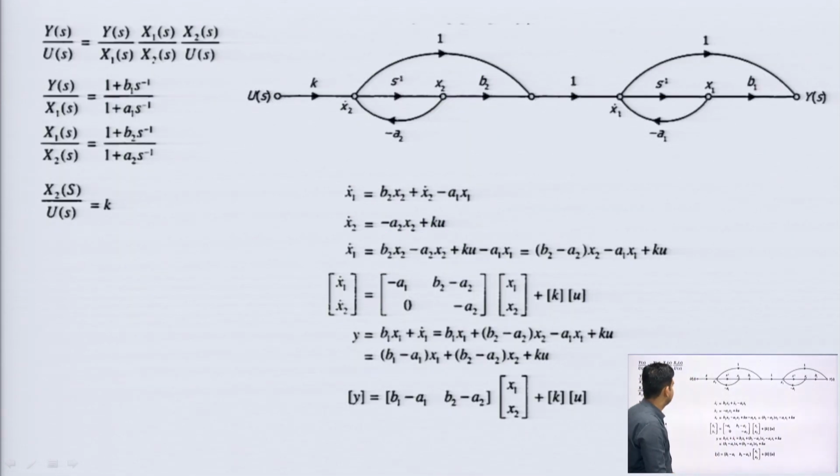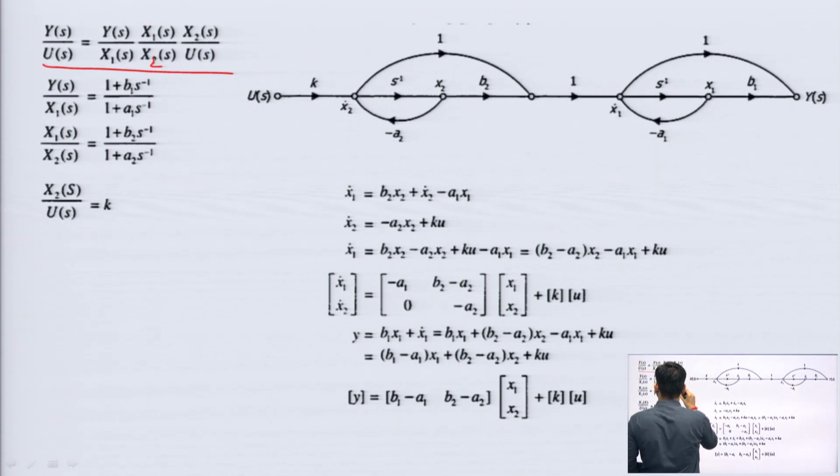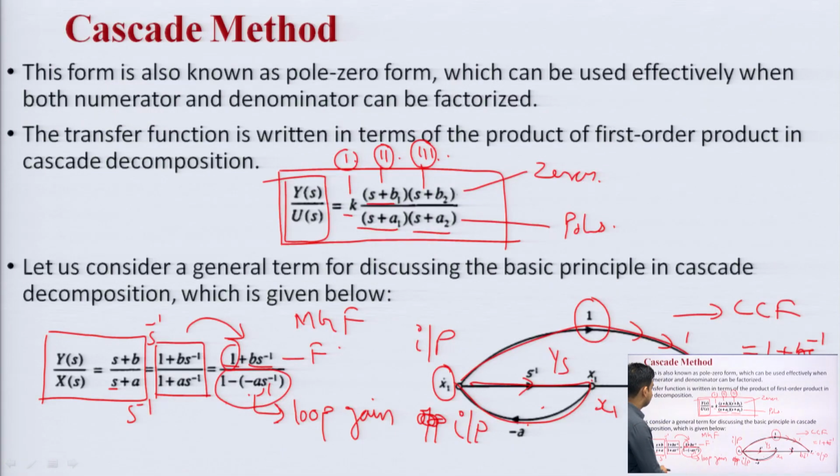Okay. So here you can see my transfer function y(s) over u(s) can be written as y(s) over x1(s), x1(s) over x2(s), x2(s) over u(s). So y(s) over x1(s) can be written as this one, x1(s) over x2(s) can be this one, and x2(s) over u(s) can be this one.